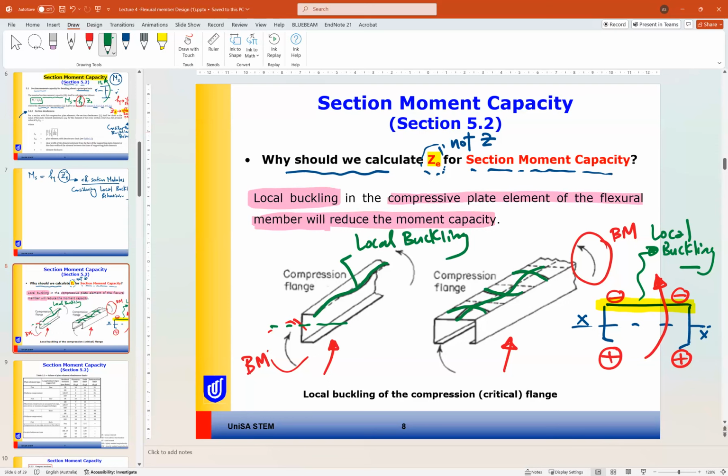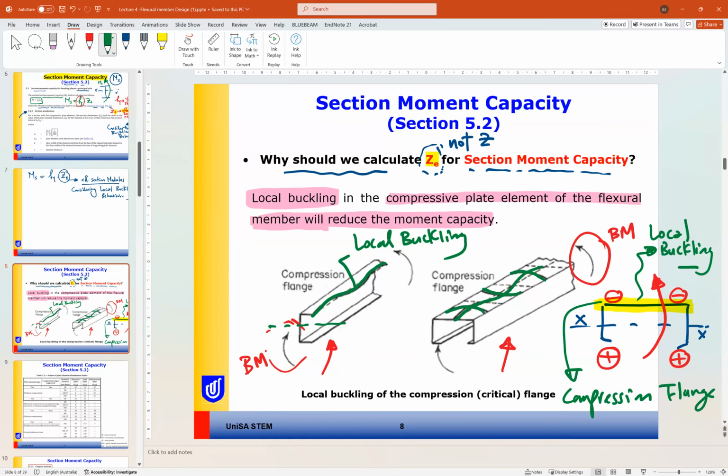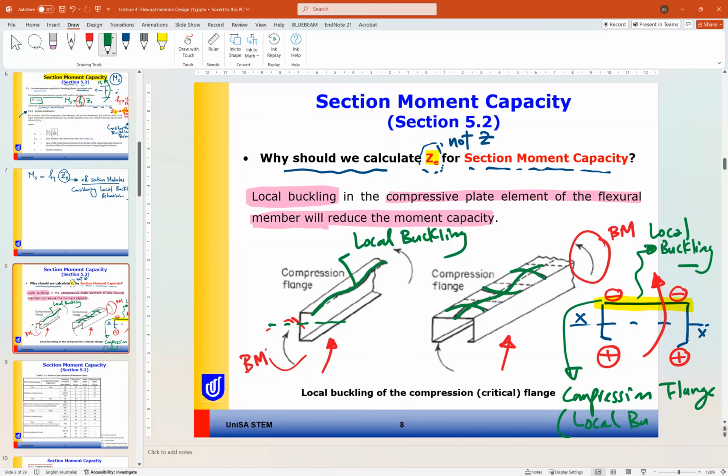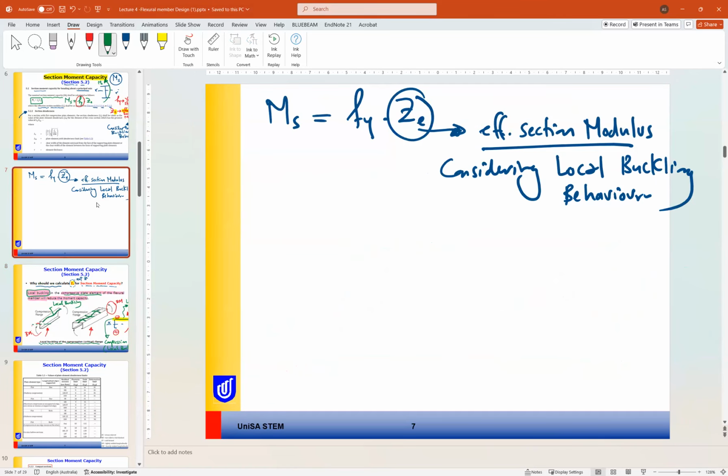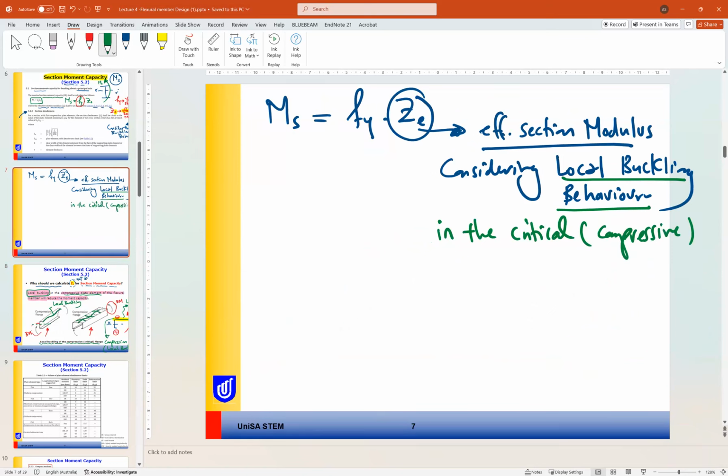Again, only the compression flange will be susceptible to local buckling. So we need to find Z effective because of the local buckling of the compression plate element, or the compression flange. Okay, so Z effective considers the local buckling behavior. The main thing is in the critical, or compressive, flange.